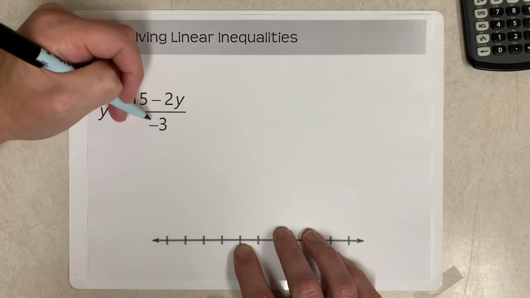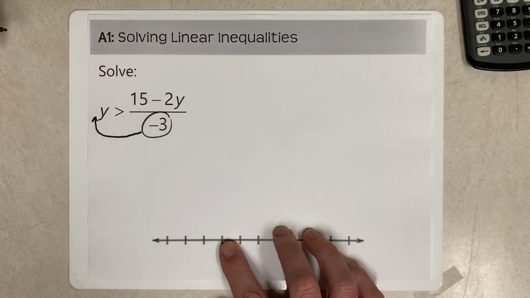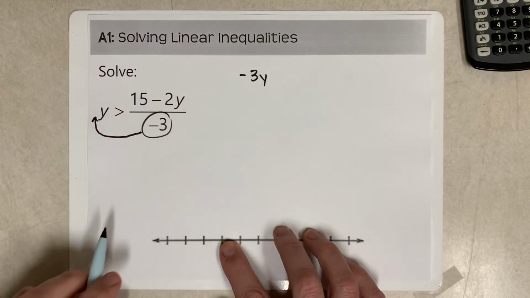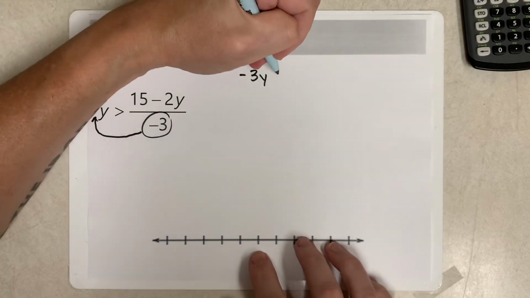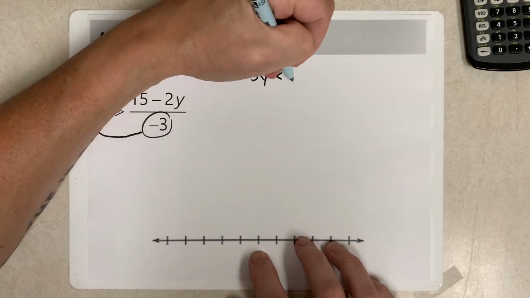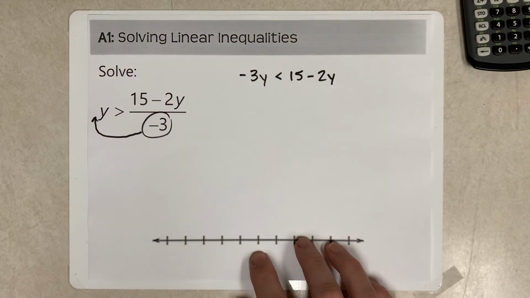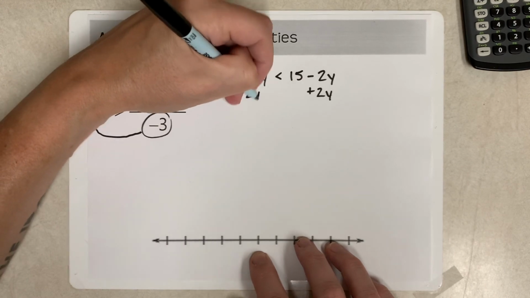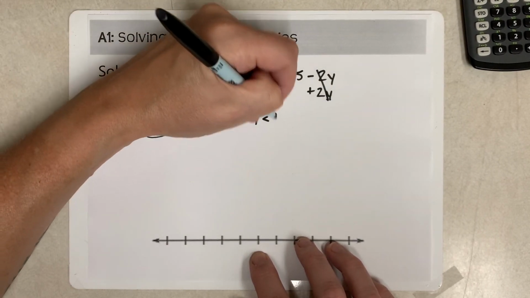And when you do that, this -3 is actually going to come around and it's going to go in front of the y. But I got to be careful because I just multiplied by a -3 to move that over. So I need to flip that symbol like this. And now I have 15 take away 2y over here. Now I'm going to add 2y. Okay, so now I have a negative y less than 15.